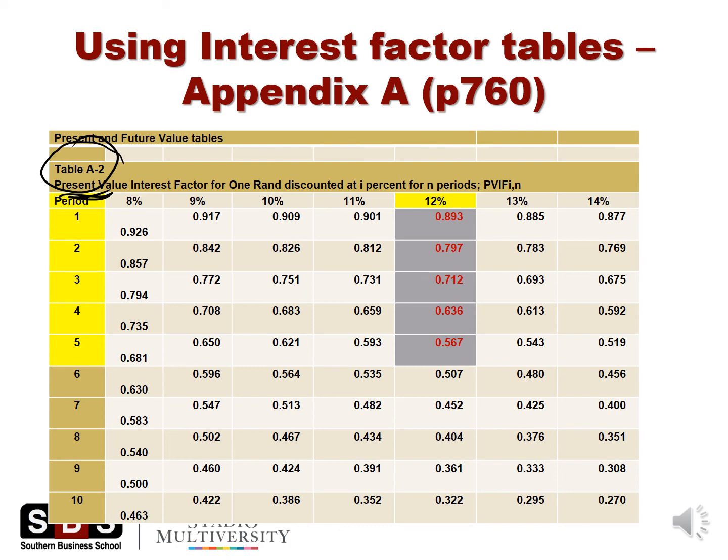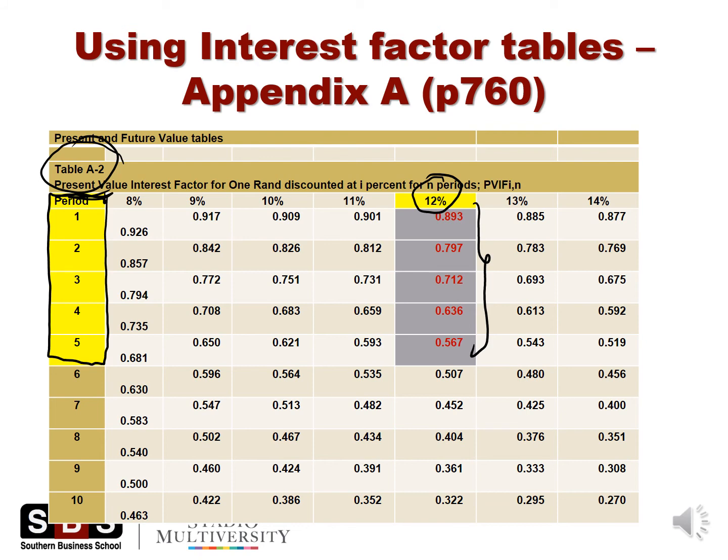The cost of capital percentage that we are working with is 12%. So you need to find the 12% at the top of the table, and you need the present value factors for the first 5 years, because in that table we had cash flows for 5 years. Now, for 5 years, for 12% cost of capital, these are the factors that you are going to use. These are the factors that will convert those future cash flows into present value cash flows.